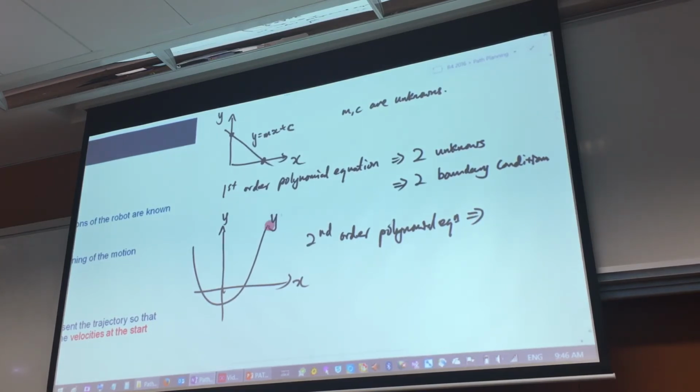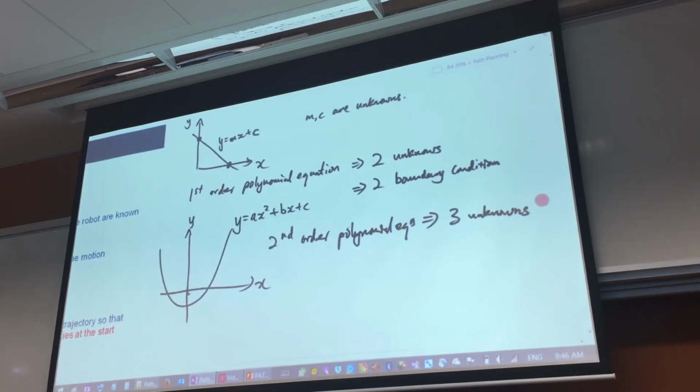So this equation will be y is equal to ax squared plus bx plus c. How many unknowns? There will be 3. A, B, C over there. So 3 unknowns. And how many boundary conditions do you think we'll need? You need at least 3. So maybe this point, that point, that point, or any other 3 points. That will give you the 3 boundary conditions.